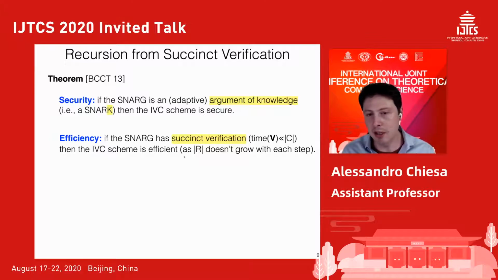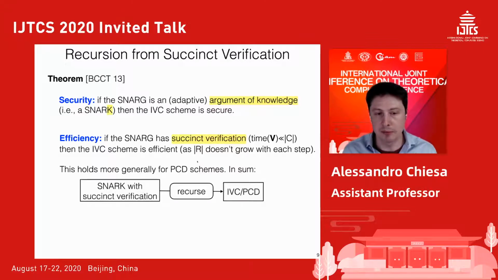And intuitively, this is because if it wasn't the case, then the recursive circuit would have to grow in size at each step, and we wouldn't have the efficiency properties that we wanted. So this holds more generally also for PCD schemes. And so we have a theorem that says that anytime you give me a snark with succinct verification, I can apply the construction and I will give you back some IVC or PCD scheme that corresponds to it.